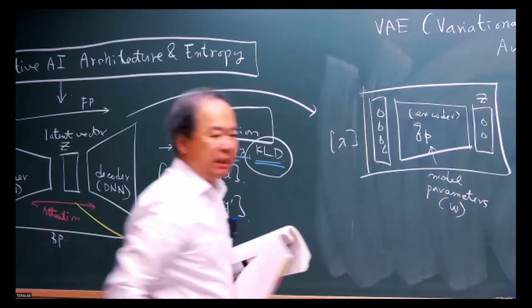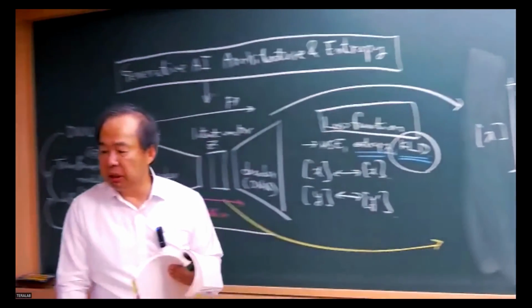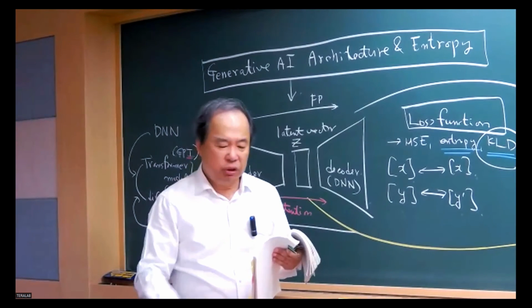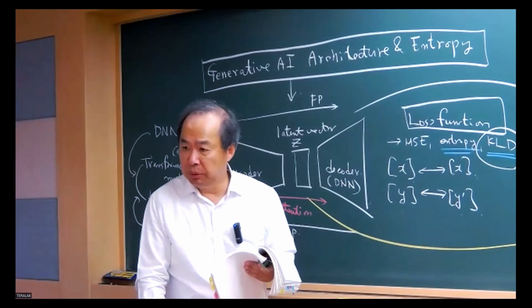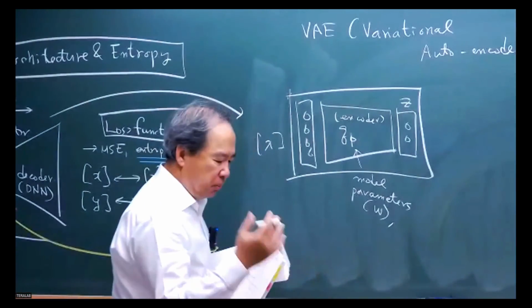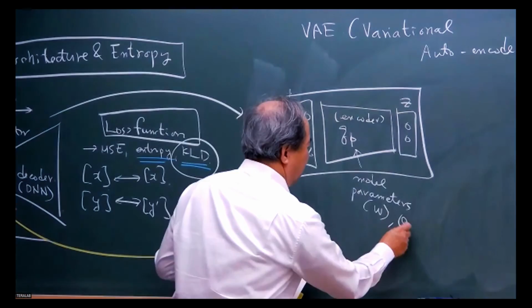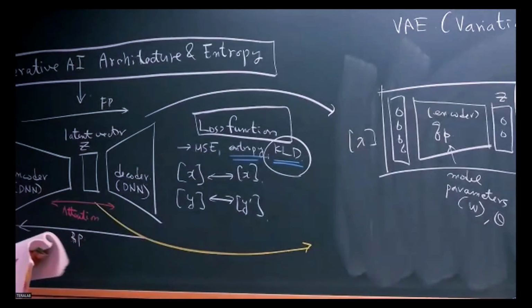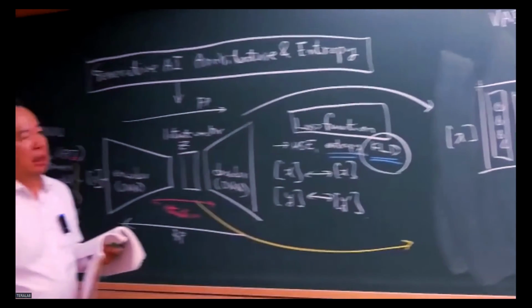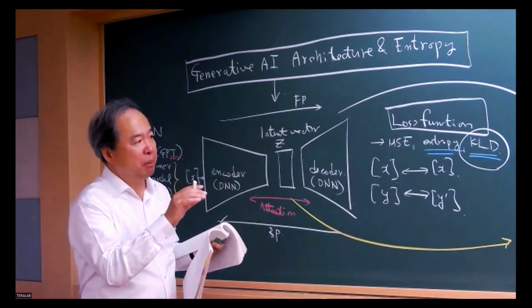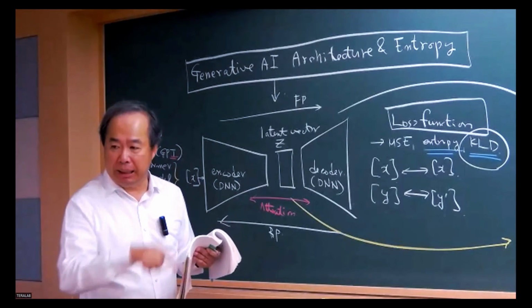In the previous classes, the model parameters of a deep neural network were written as W. Sometimes I represented the model parameters by theta, but here in the variational autoencoder, we describe the deep neural network parameters as pi.